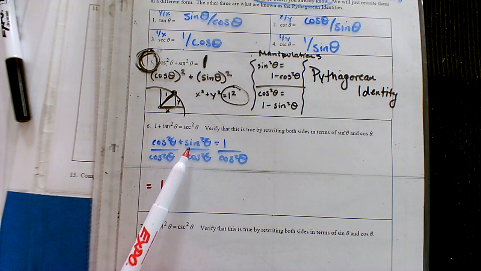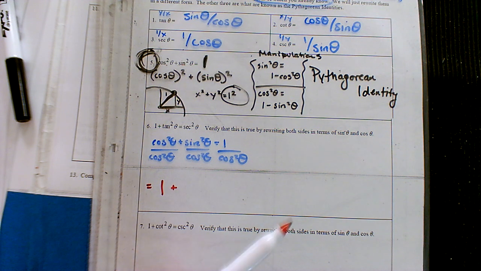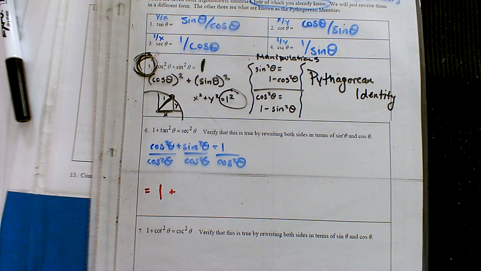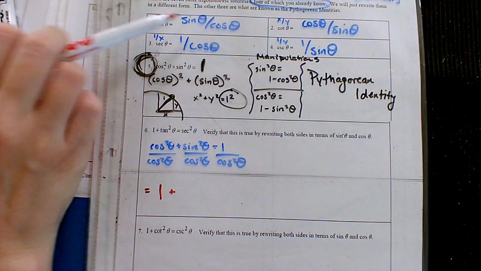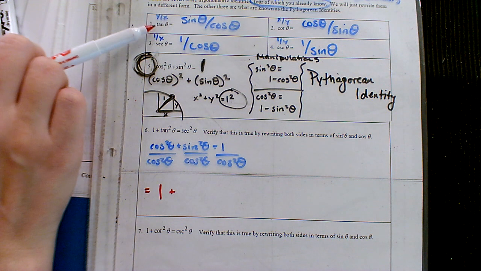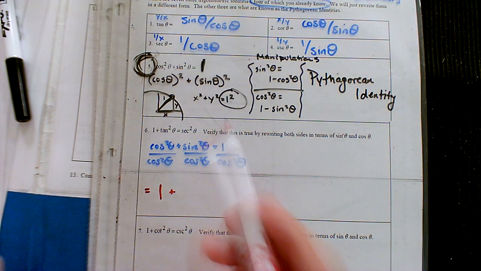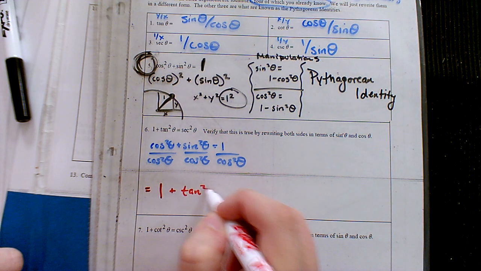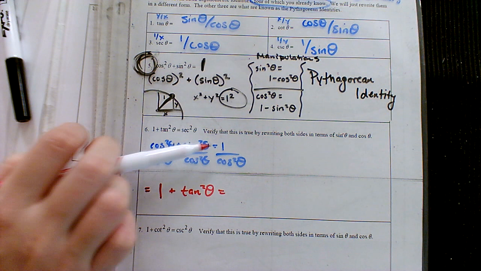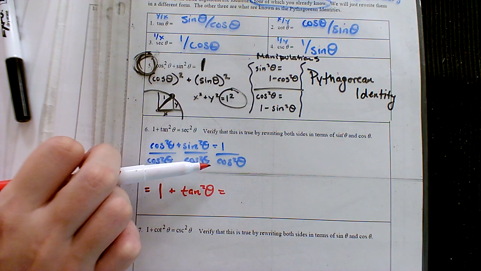Right? What about sine squared divided by cosine squared? Up here we said sine divided by cosine was simply tangent, but if we have sine squared divided by cosine squared, what do you think we're left with? Tangent squared, good. And what about 1 over cosine squared?